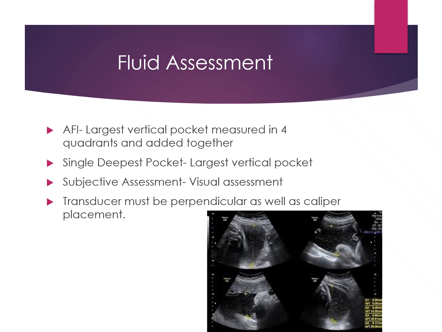And it's a huge signifier to us when we're doing a BPP, if they're failing their BPP, that they could be having some hypoxia. And so part of that BPP is the amniotic fluid volume or amniotic fluid index. And so we check that. For the AFI, there's a couple things that we need to keep in mind.